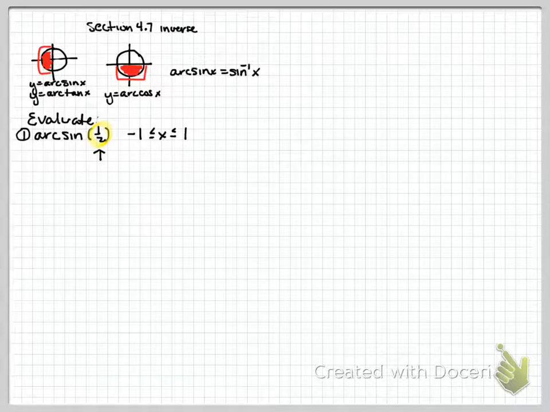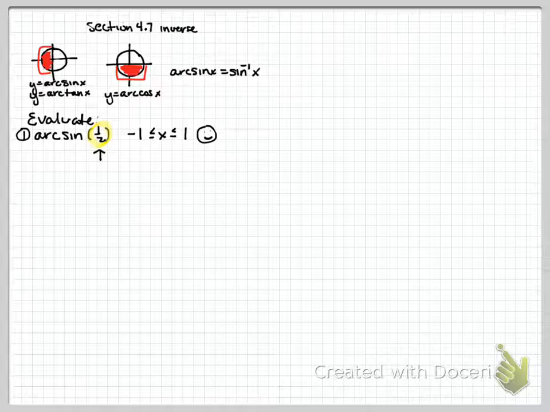Now is 1/2 in between those two values? Absolutely. So we can have this. If this had been like -2 to 3 halves, we could not do this. It would not exist. So we have to be careful. So the first thing we have to do is make sure that that can happen.